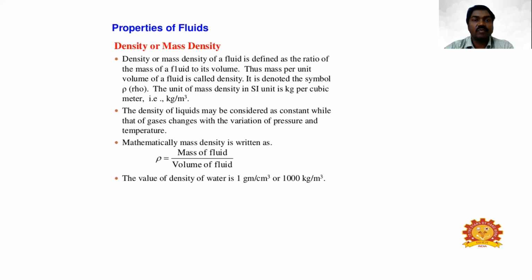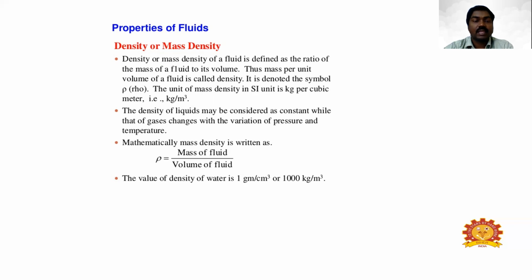The density of a liquid may be considered constant, while the density of a gas changes with the variation of pressure and temperature. Mathematically, the mass density is written as rho equals mass of fluid divided by volume of fluid.